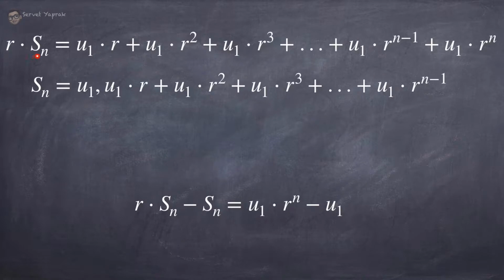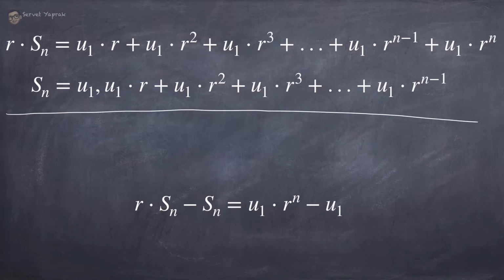So r Sn is here on top, and underneath it we have Sn. And if we subtract them side by side, this is what will happen. We have on the left side r Sn minus Sn.